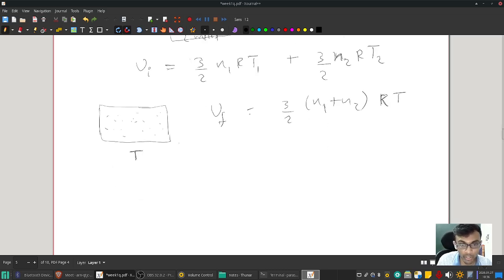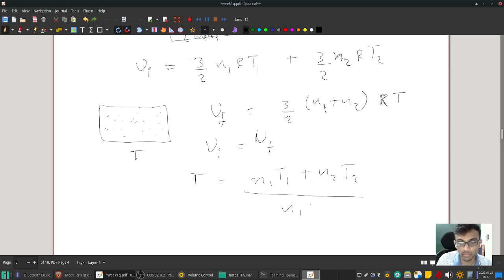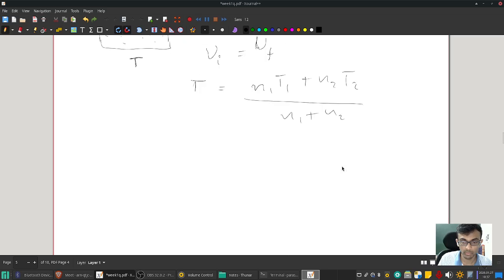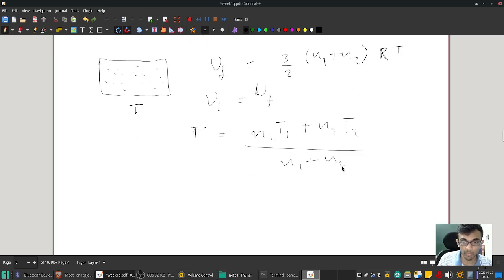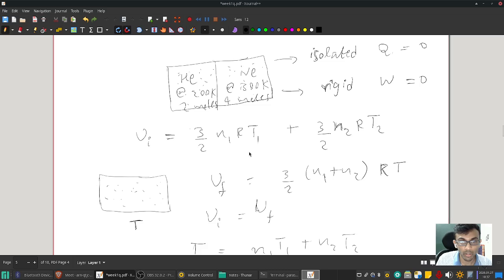So we can simply equate these two quantities due to the first law, and the final temperature is then this.